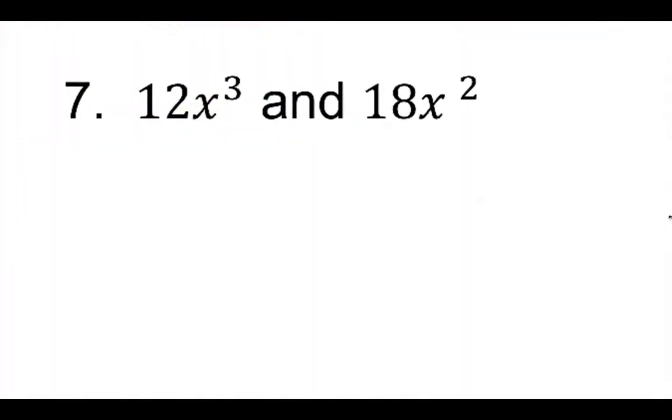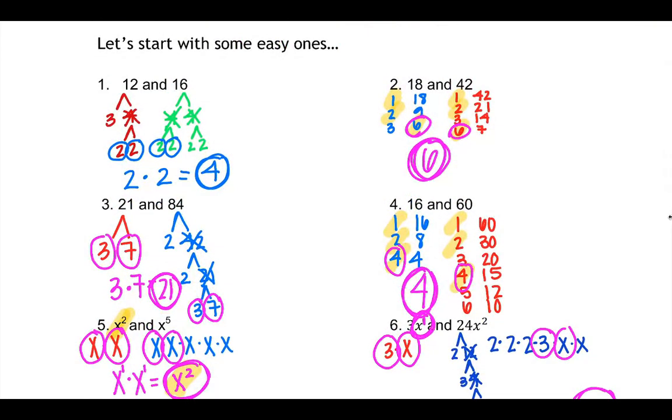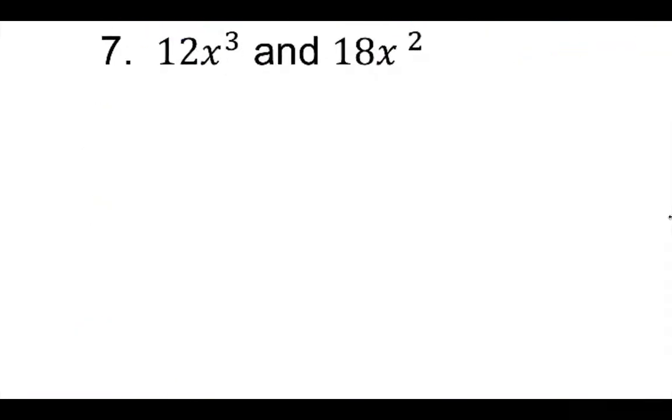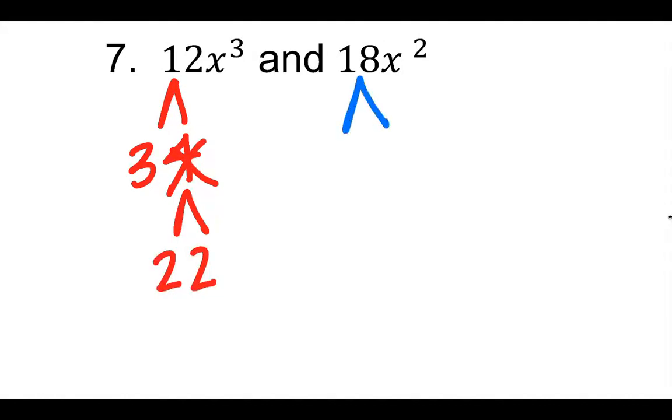So let's look at this one. So let's just break down the numbers, 12 and 18. I'm pretty sure we did this one up here. No, 12 and 16. Just kidding. So this would be 3 and 4. The 4 can then break down to 2 and 2. And so I'm done there. Those are all prime. Then I've got 18, which let's do 3 and 6 maybe.